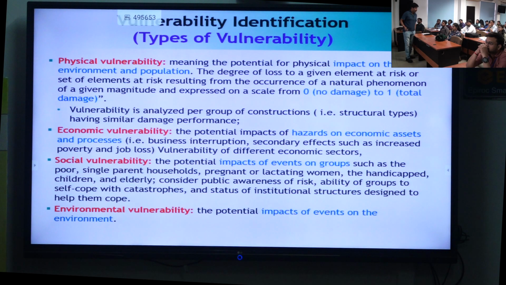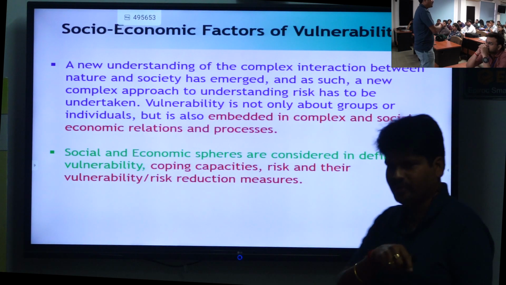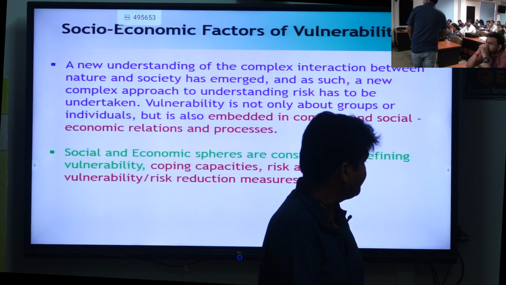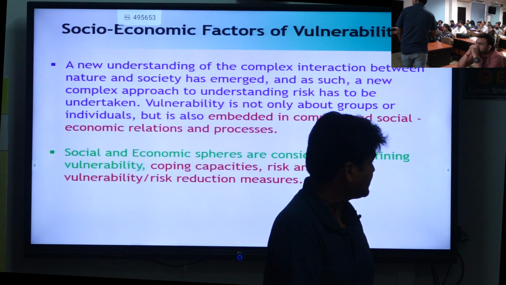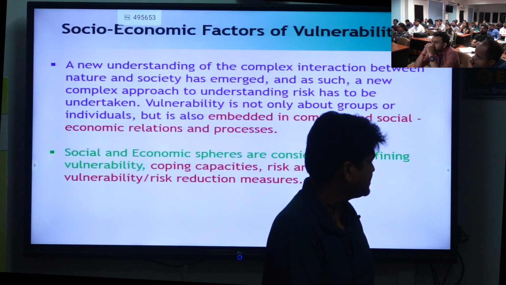Alright? Apart from all other types of losses that have already happened. So I already mentioned, based on this, especially these economist guys, they came in and they also introduced these socio-economic parameters into the vulnerability assessment. That was already done, right? Social and economic spheres are considered in defining vulnerability, coping capacity, risk and vulnerability, and risk reduction measures.